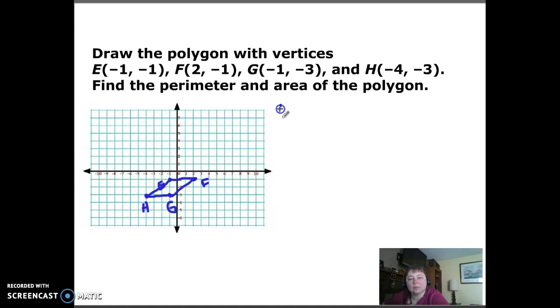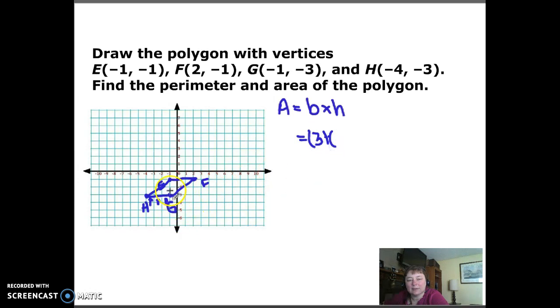Alright, so if we find the area of a parallelogram, it was base times height. Length of the base, let's use HG as our base. You can count up the blocks to see how far it is. 1, 2, 3. So the base is 3.